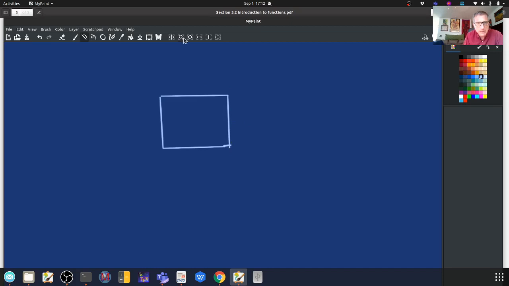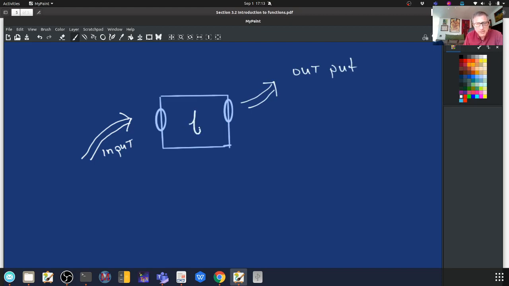It has an input, this machine has inputs, so this is my input, and it has an output. And I'm going to name my machine f.